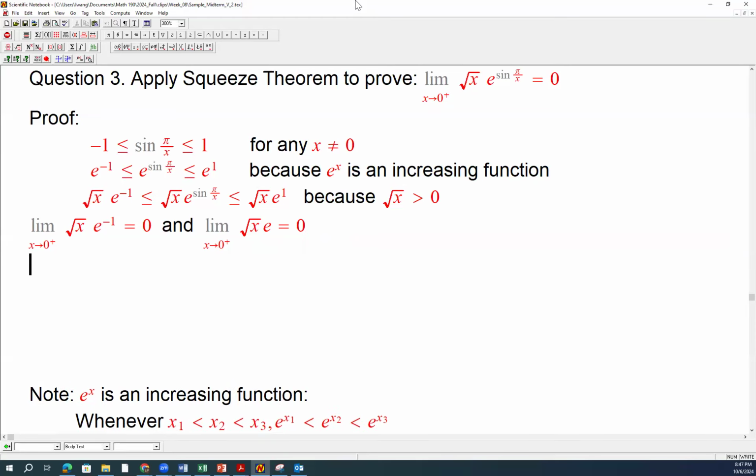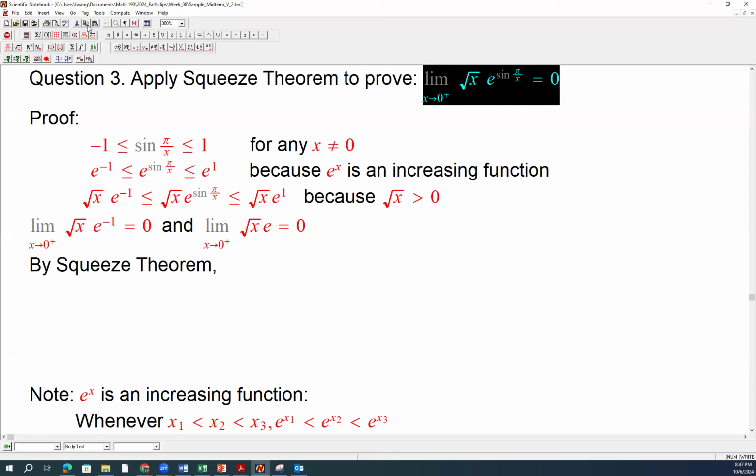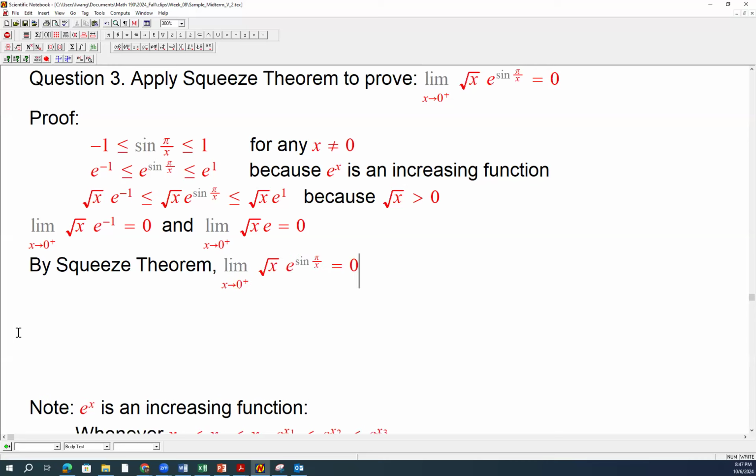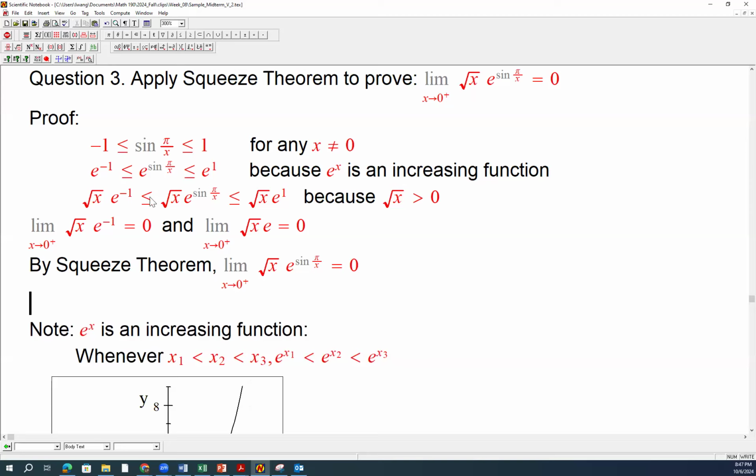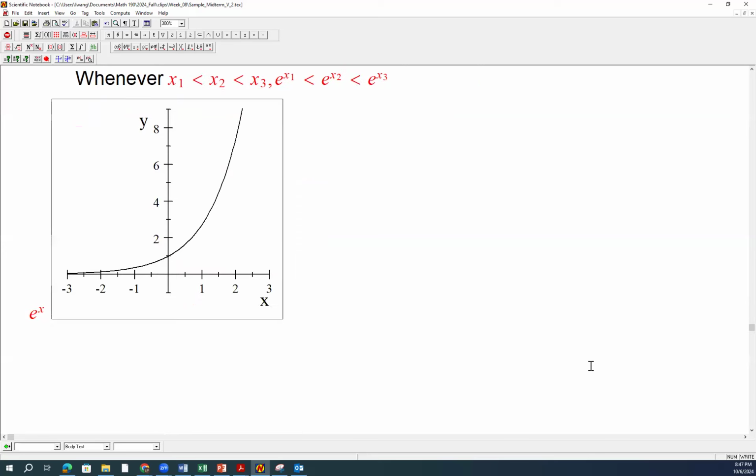So by the squeeze theorem, that limit, which is squeezed in between, is 0. The most important thing is for you to understand each one of the steps and their reasons.